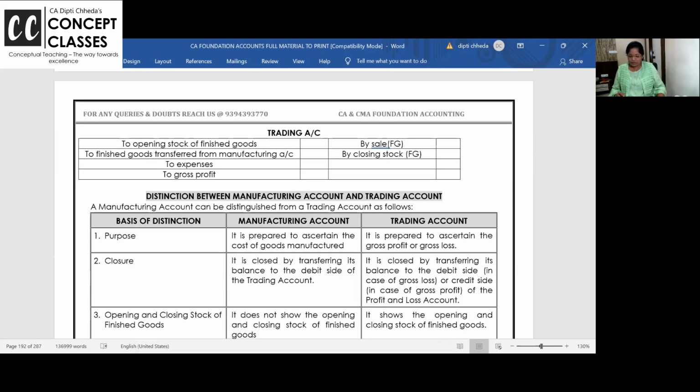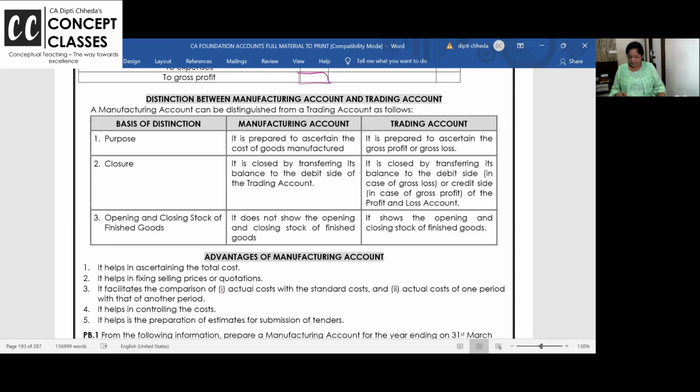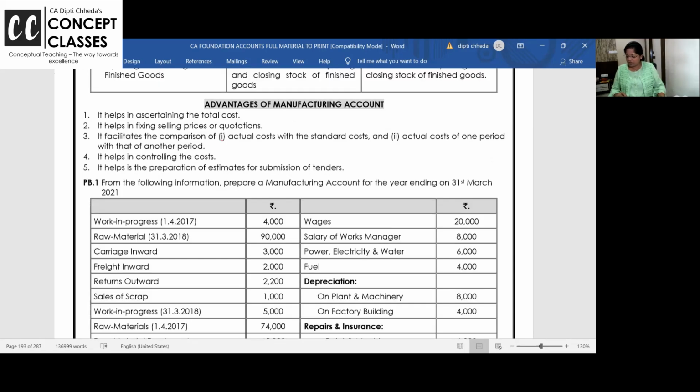Trading account: opening stock of finished goods is there. Finished goods are transferred from the manufacturing account, then expenses, sale and closing stock. This is like GP. So sale and closing stock are on one side; opening stock, finished goods transferred from the manufacturing account, expenses and GP on the other. All clear to all of you? Right. So this is all about the manufacturing account format.